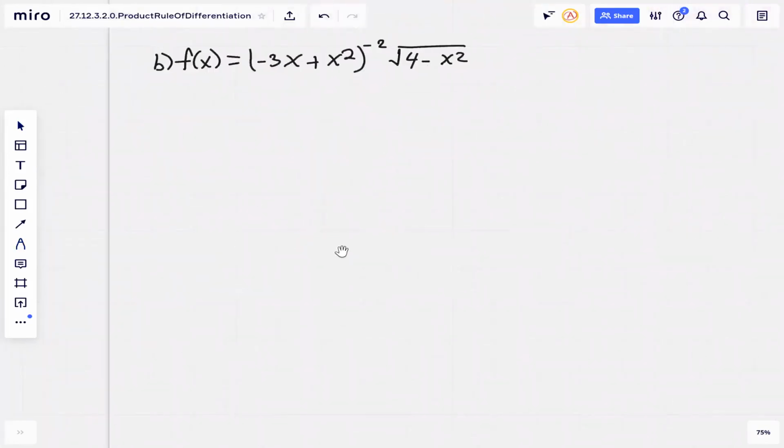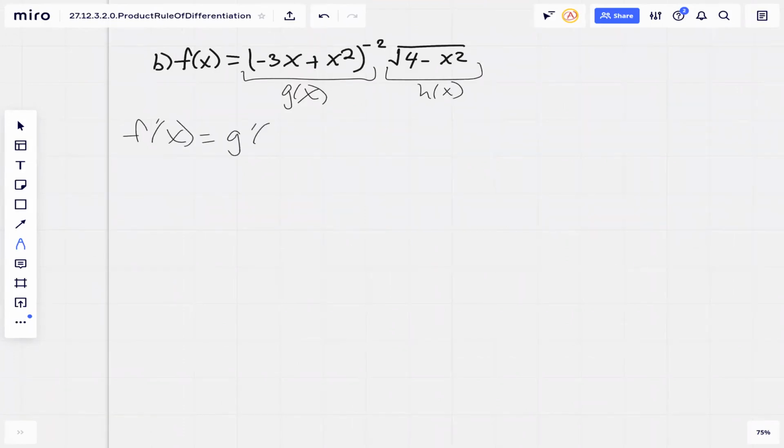So now let's look at the next function. The derivative of negative 3x plus x squared, raised to the power negative 2, times the square root of 4 minus x squared. What are our two functions? We have G of x and H of x. Let's write out our product rule. F prime of x equals G prime of x times H of x plus G of x times H prime of x.